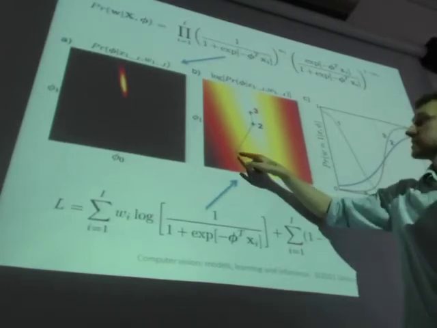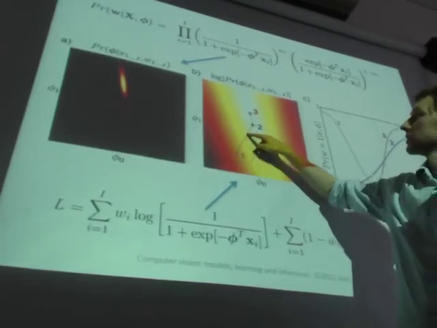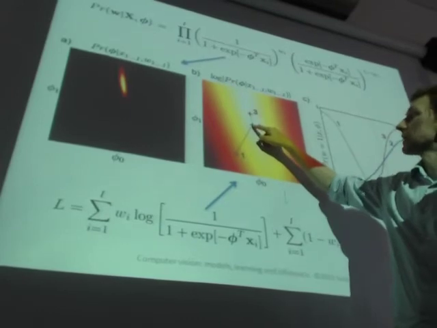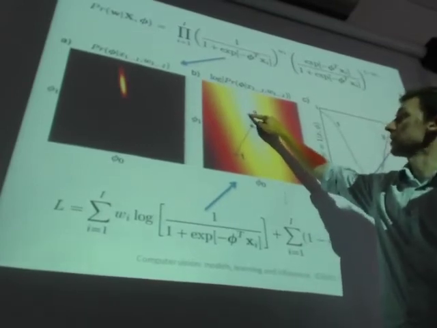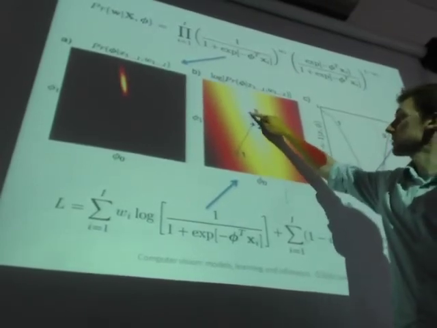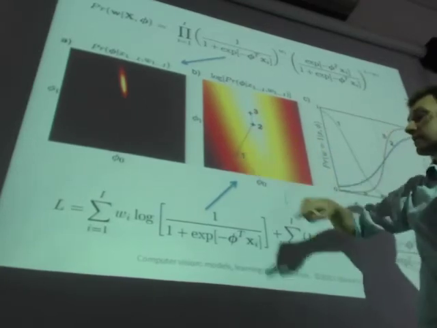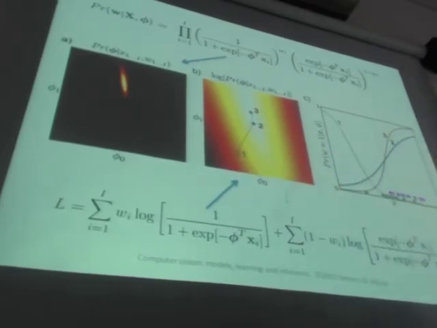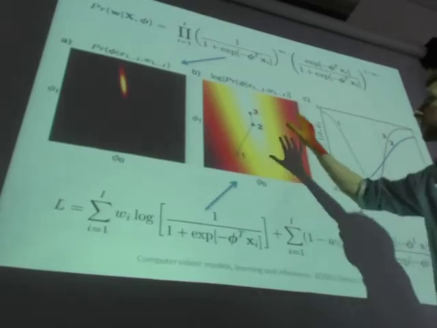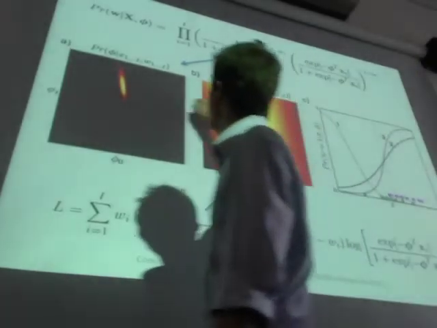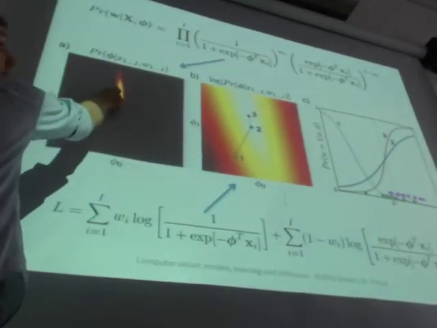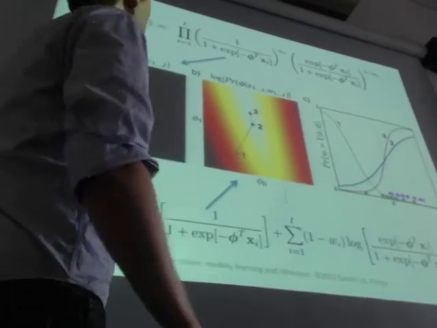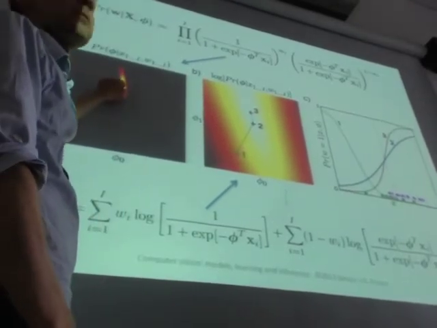We walk from here to here in the first step, and then from there to there in the second step. And that peak is obviously higher than that, which is higher than that. So by maximizing the log likelihood, we're still going to end up at the peak of the original distribution. That's good, right? This is our maximum likelihood.